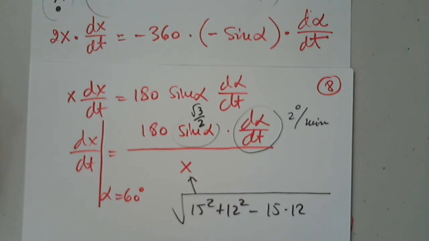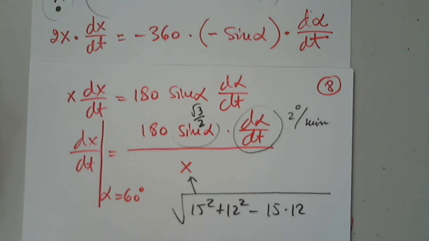They're all multiplication, but just to be on the safe side, I'm going to write 180 over 2, so it's 90. 90 times the square root of 3 times 2 and divided by the square root of 15 squared plus 12 squared.